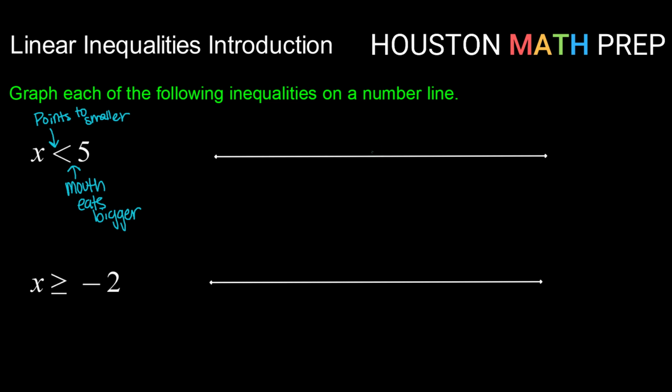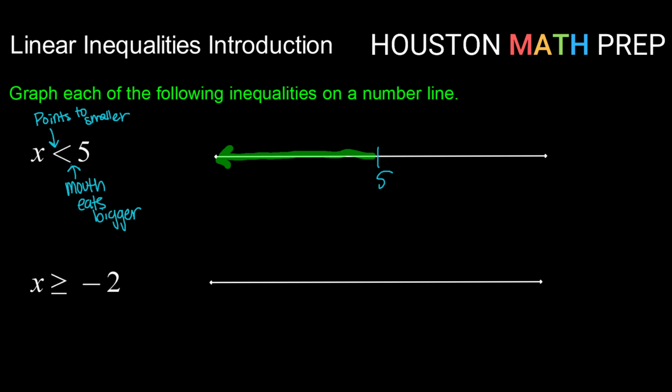So I'm going to go ahead and just pop 5 right in the middle of my number line, and I want to shade or graph all values that are less than 5. I'm going to do that here with a highlighter. Less than 5 I know means smaller, so I'm going to highlight below 5 on my number line. The other thing that we want to include in our graph is whether or not 5 is included in the values that we're looking at.